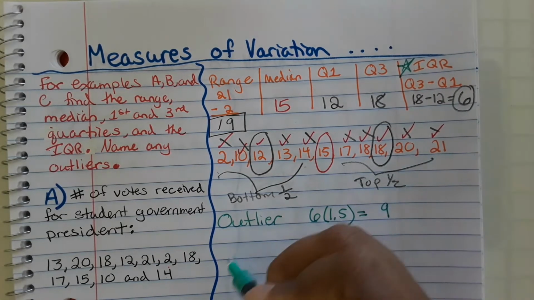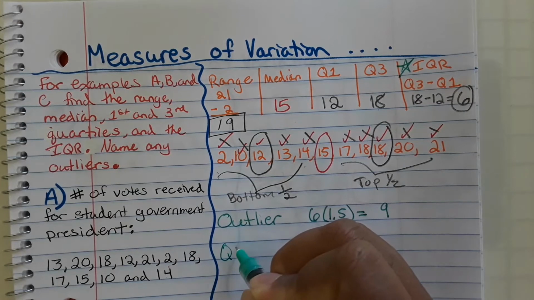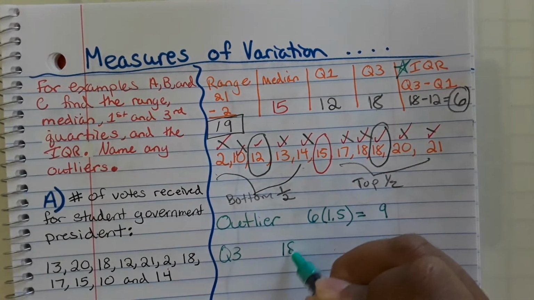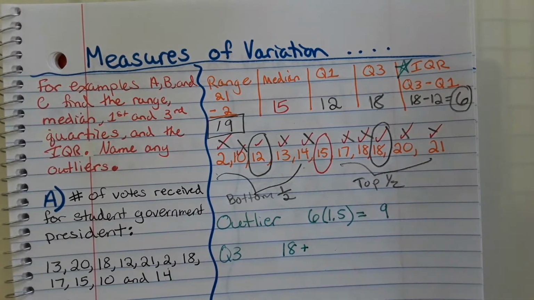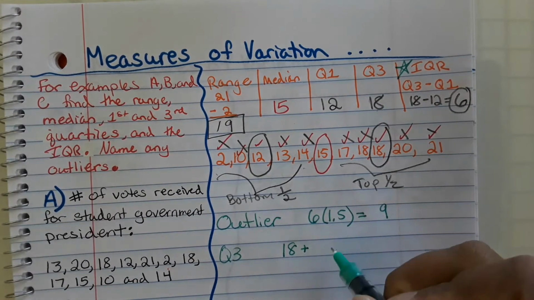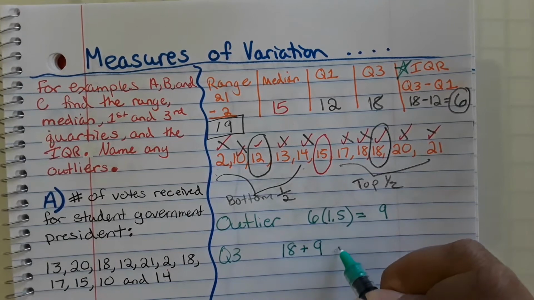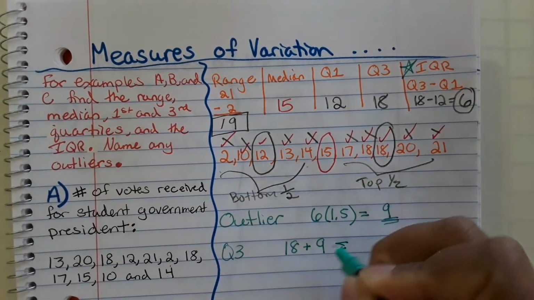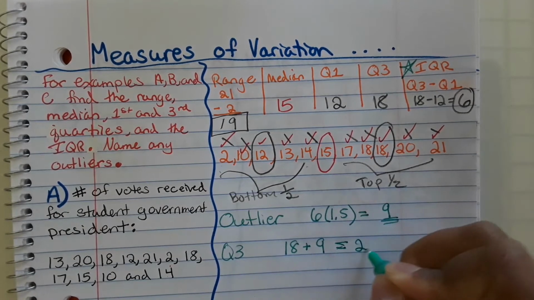To start, let's look at quartile 3. Our number for quartile 3 was 18. So we take 18, and we're looking for a number that's much bigger. If we add 9 to it, our outlier magic number here, 18 plus 9 gives us 27.